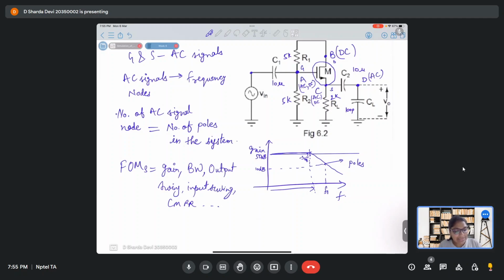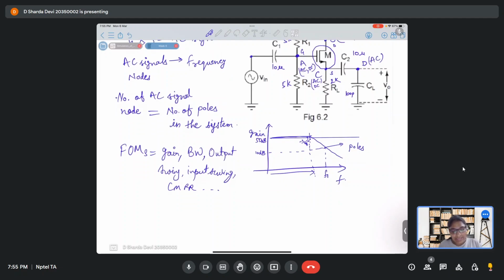So this is what frequency response is, and this is where the concept of cutoff frequencies comes from. When we say there are AC signal nodes, these AC signal nodes introduce a pole in the system, and that pole defines this drop in gain.